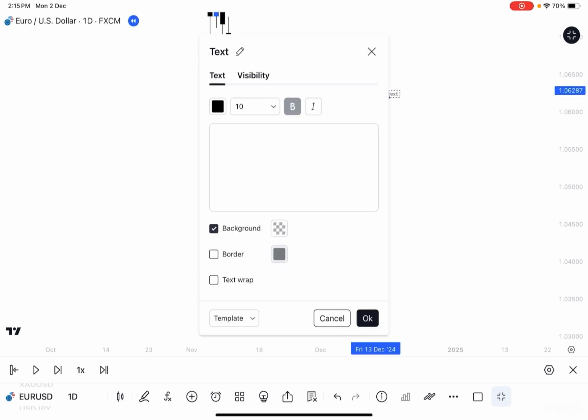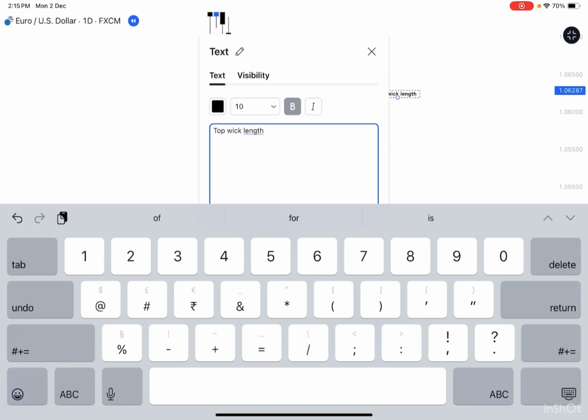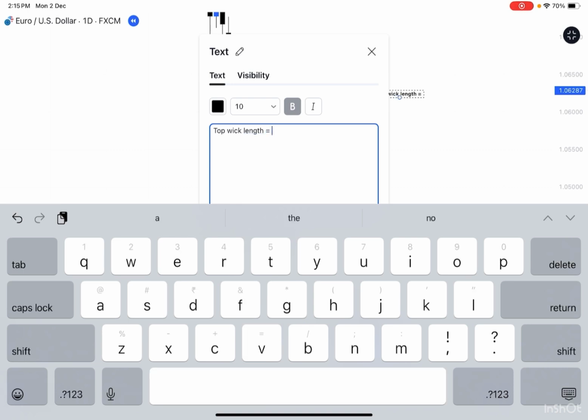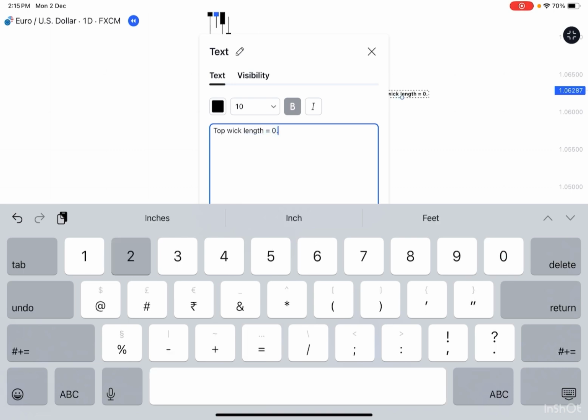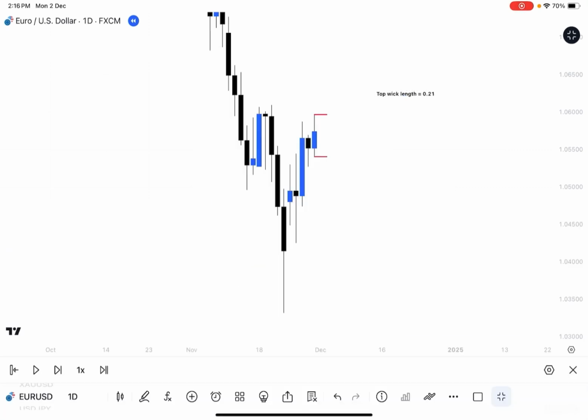So top wick length is equal to 0.21. Listen carefully, guys, don't sleep, just listen.